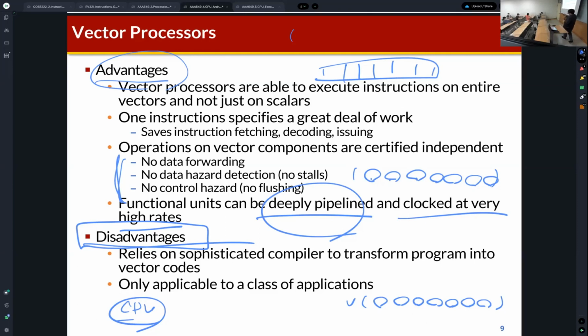Compilers need to find the parts of code which can be converted to vector type data. So a specific vector type processor can support only a certain class of applications.